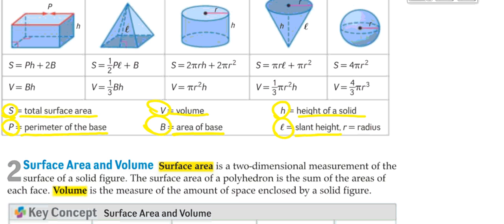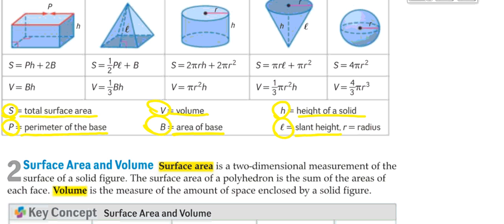If we're looking at something like this, the height goes up through the middle. So the height of this is from the tip of the vertex down to the middle of the bottom. If I go along this edge, it's tipped. That's called the slant height. And slant height is called L.